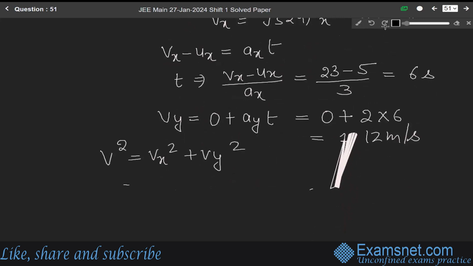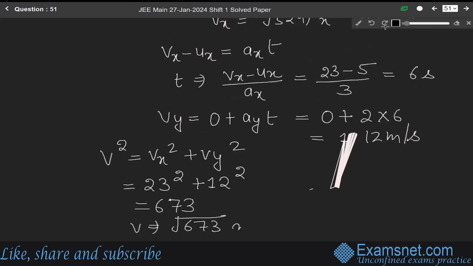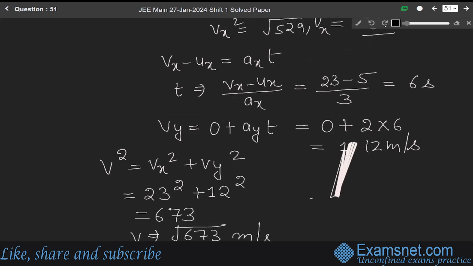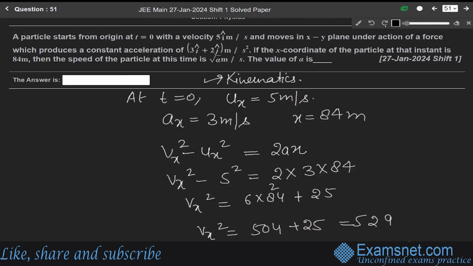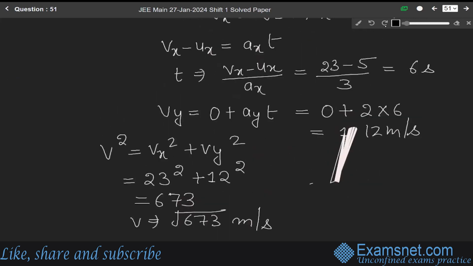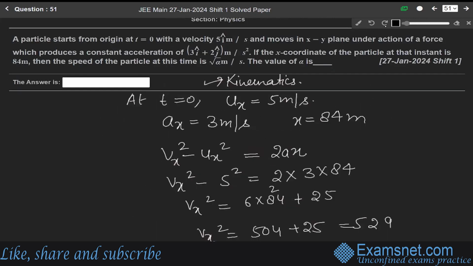So it will be equal to 23 square plus 12 square. It will be equal to 673. So v is equal to root of 673 meter per second. So our final resultant velocity is root of 673 meter per second. So the value of alpha is equal to 673. Got it?